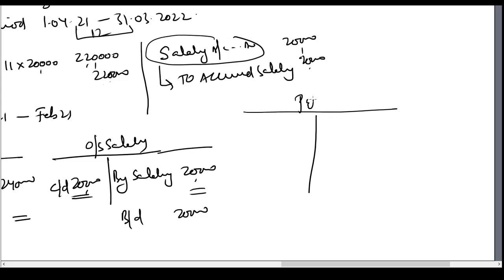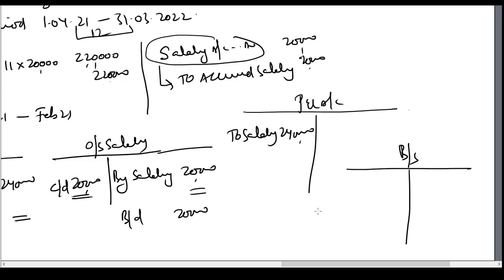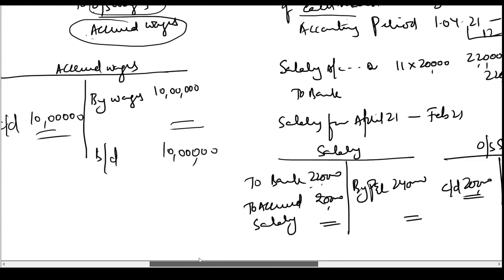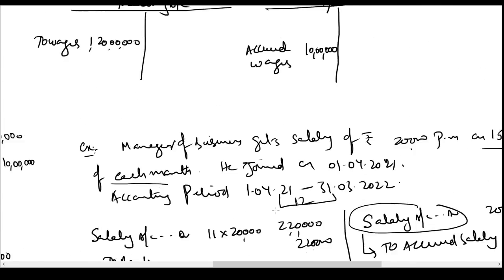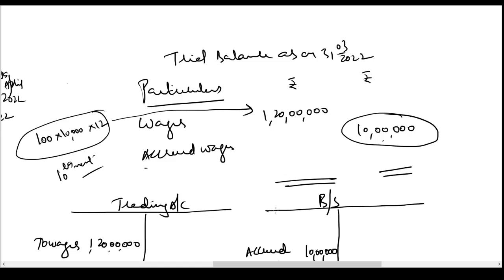In P&L account, I will write to salary 2,40,000, and in the balance sheet we will write accrued salary in the liability side, 20,000. So this is how we deal with accrued expenses when we are dealing with them in the final accounts.